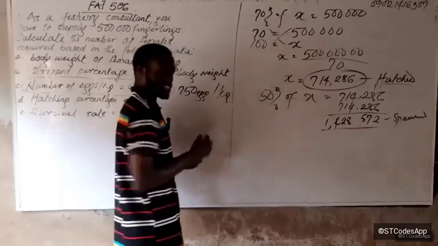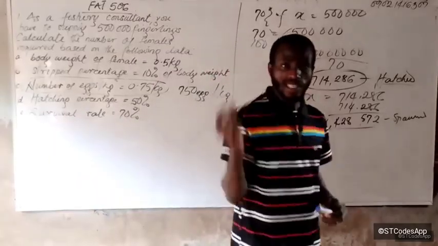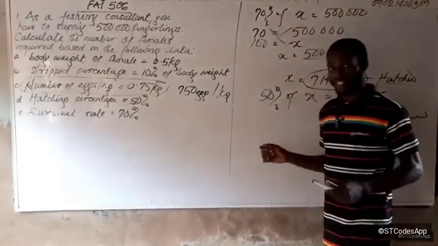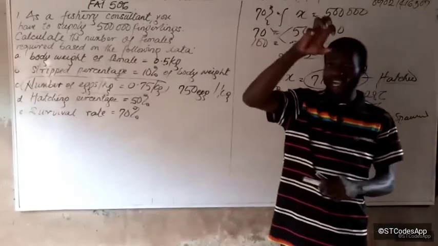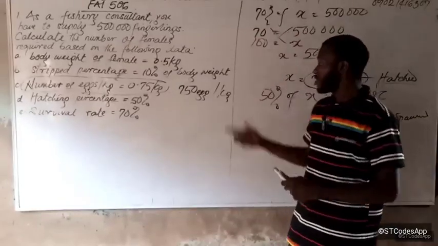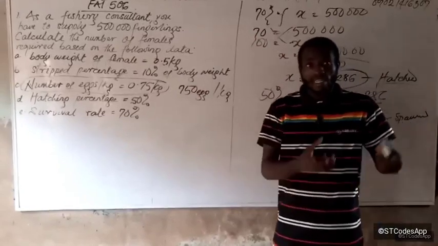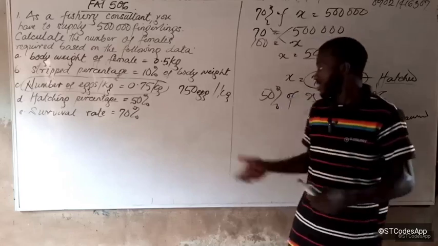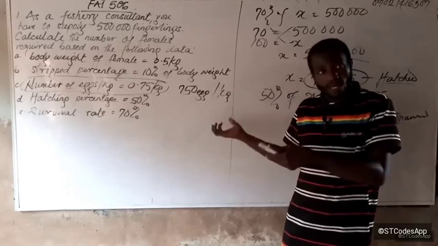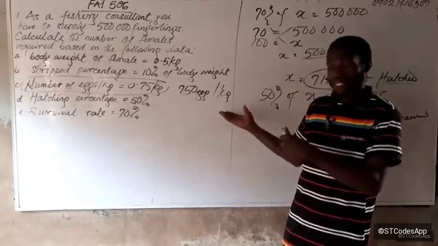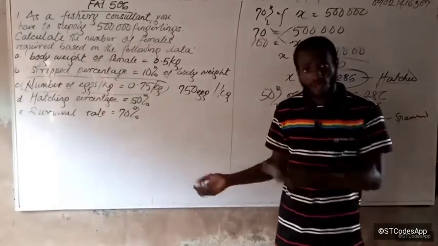And listen again. It still doesn't make sense to say a clarias fish that is 1 kg produces 750, because it means that the fish itself actually weighs 250. So it still doesn't make sense.